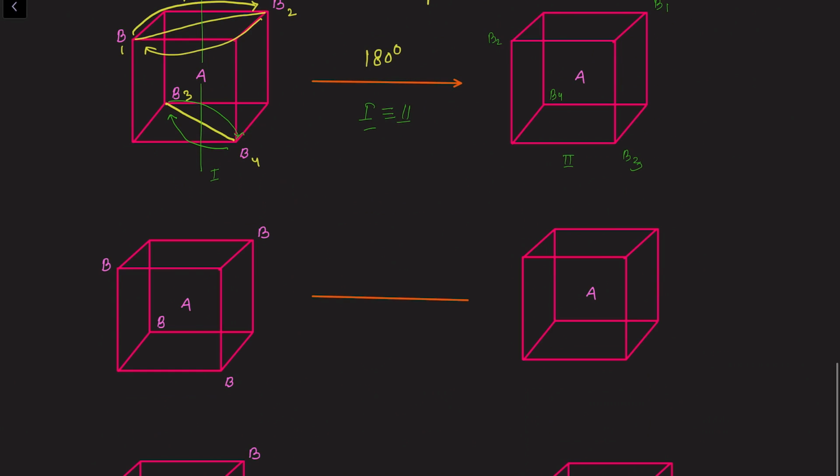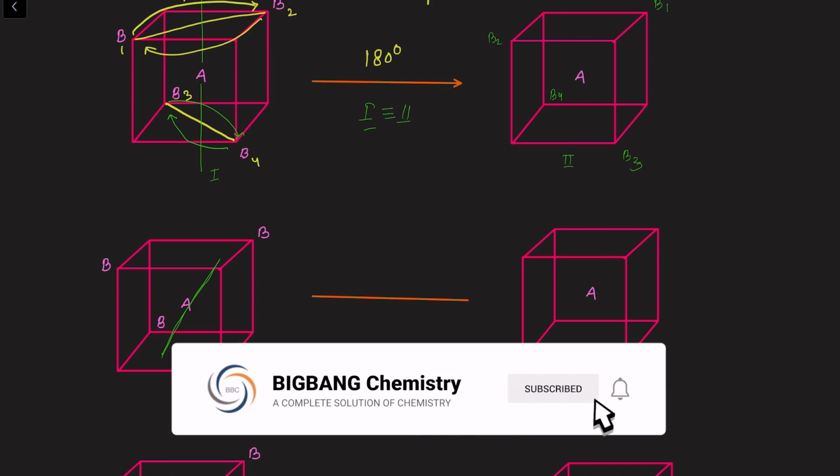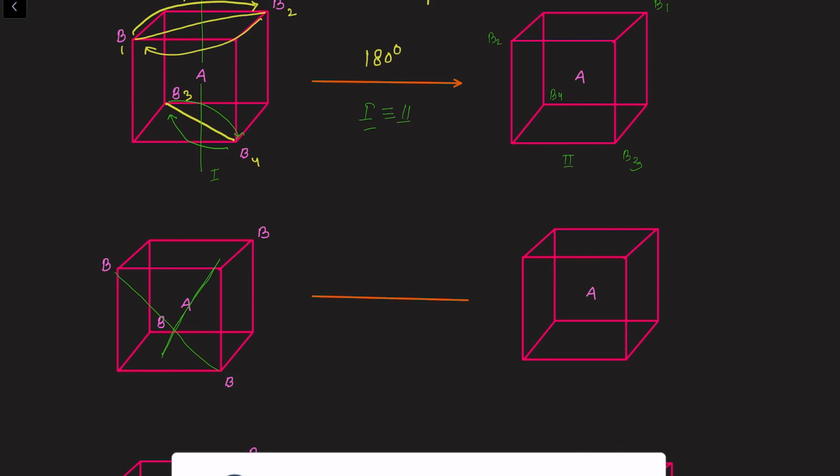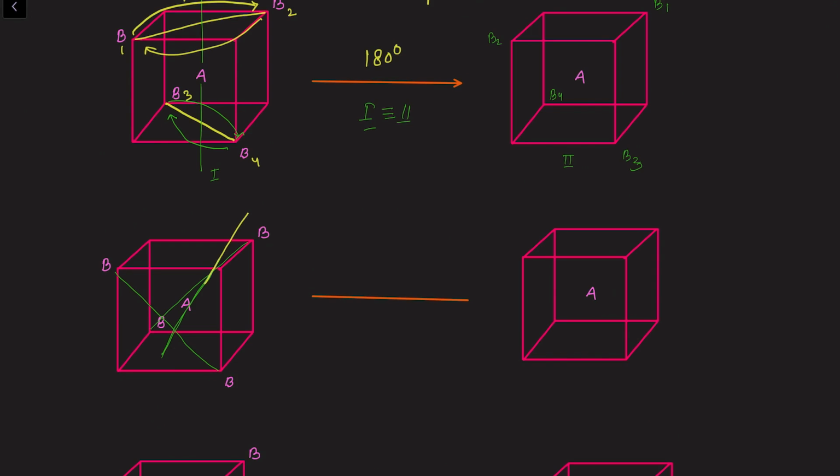Now check the second one. Before performing this operation about this C2 axis, just join the B atoms in this way, right? Mark them: this one B1, this is B2, this is B3, this is B4. Now when you rotate this molecule about this C2 axis in this direction, be careful with the direction. First, B2 will change its position with B4 and B4 with B2.